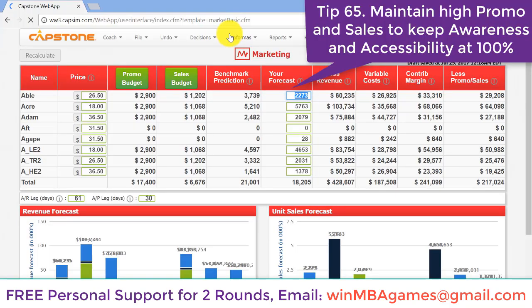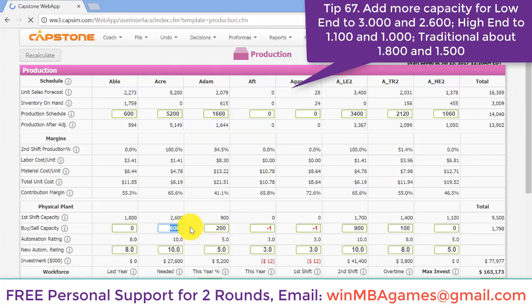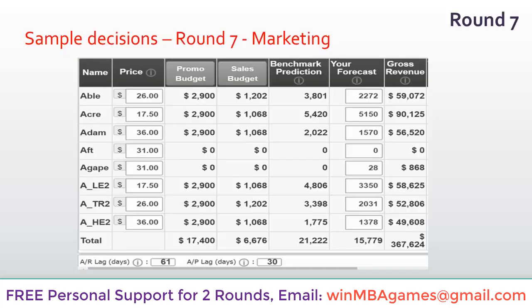For high end, the price is 37, so we reduce our price to 36, the most competitive price. Even though price is not the most important thing for a high-tech product, we still maintain our most competitive price.